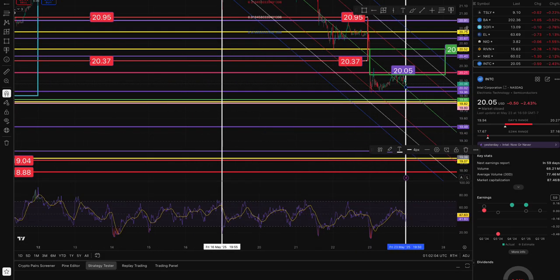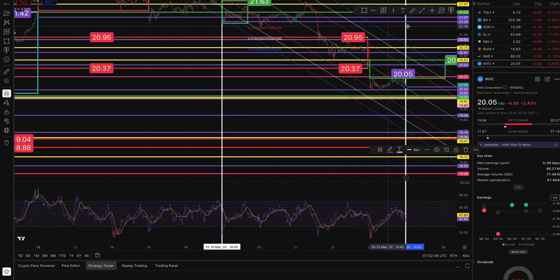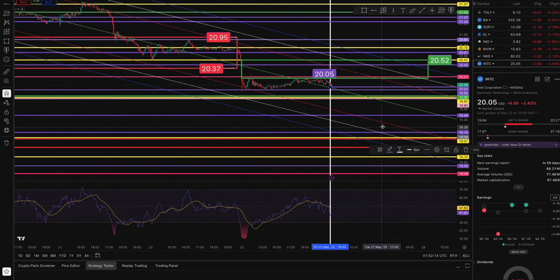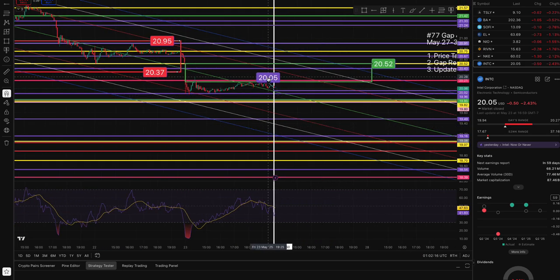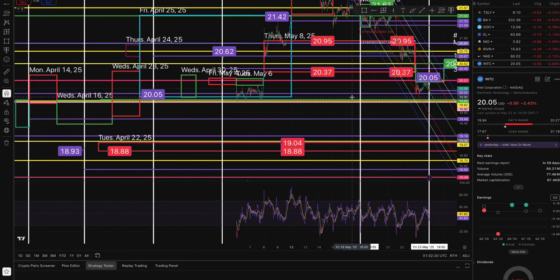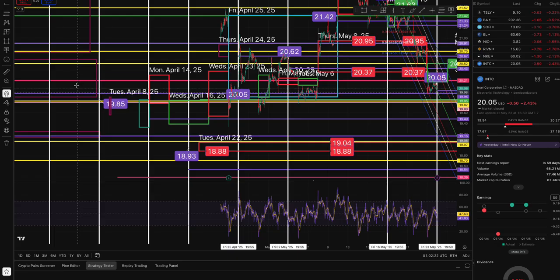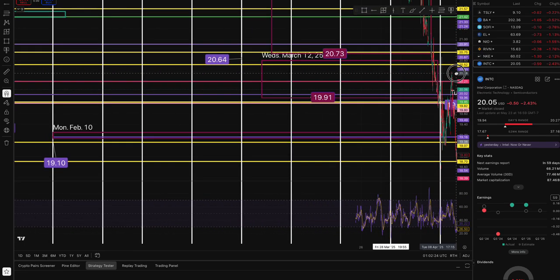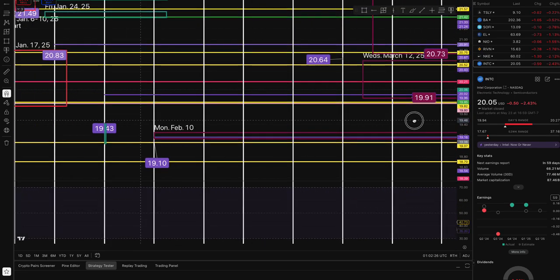Last week, where were we? Right here. So this was last week's, and this is this week, and we're still going down. We need a trend reversal here. All right, and this one is so close to the current one. When did I mark that out, this purple line? Oh my goodness.